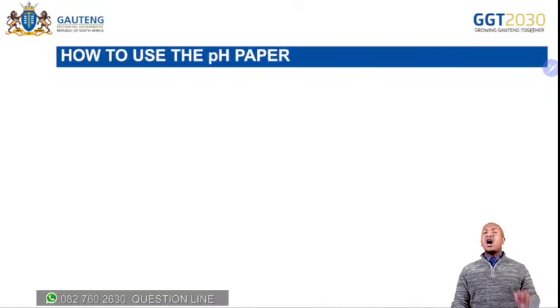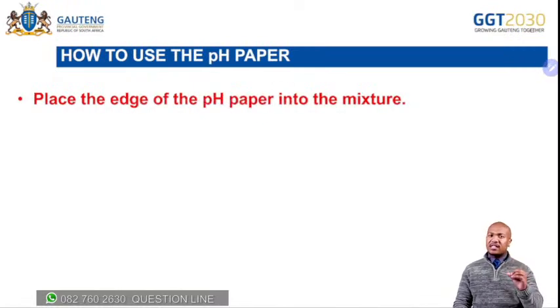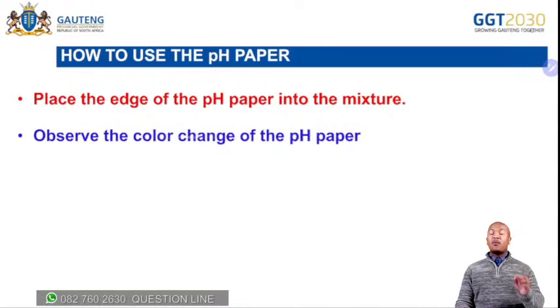So now, how to use the pH paper? How can we use a pH paper to test for acidity and alkalinity? We place the edge of the pH paper into the mixture, right? Secondly, you observe the color change of the pH paper.